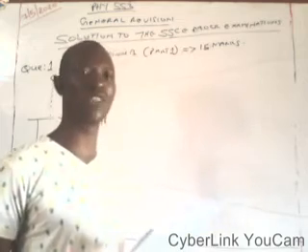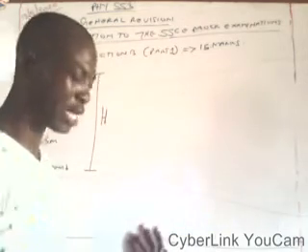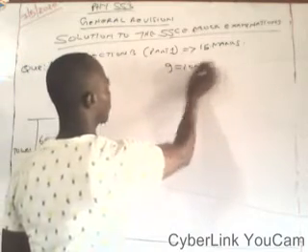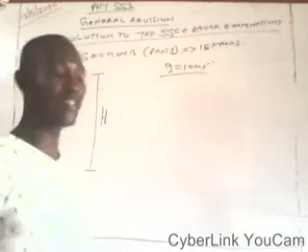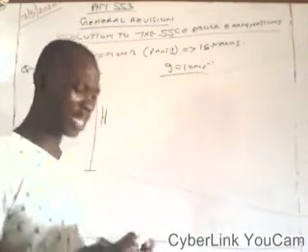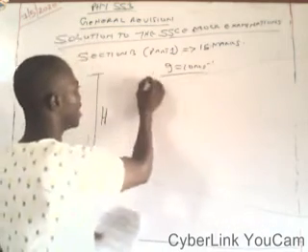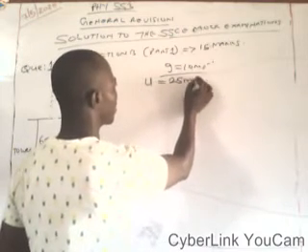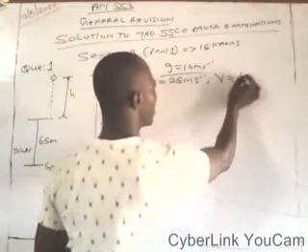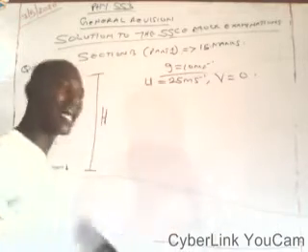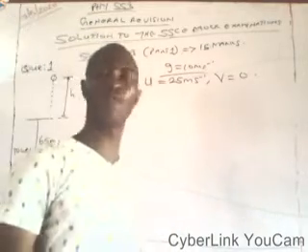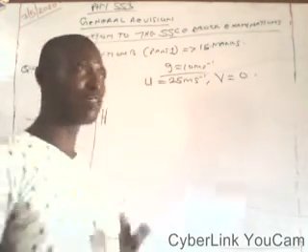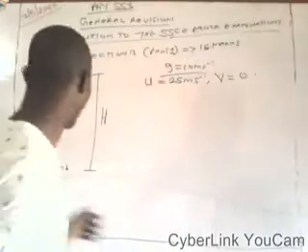So we are given acceleration due to gravity g to be 10 meters per second squared. Now, what are we given in the question? We are given the initial velocity to be 25 meters per second. Our final velocity is 0. Before you lay your hand on this, the first thing you need to do is to make sure you understand what the question is trying to say. You have a tower of height 65 meters.